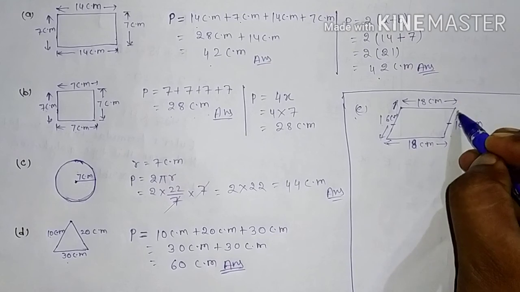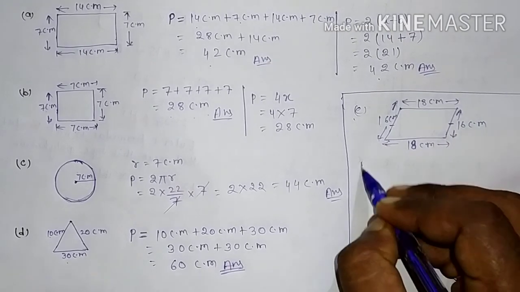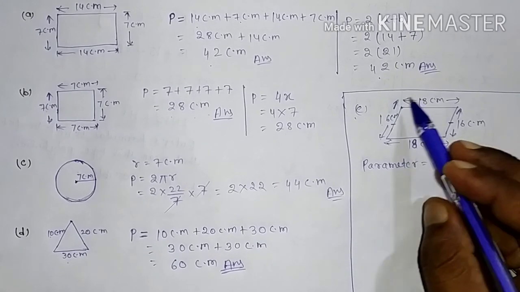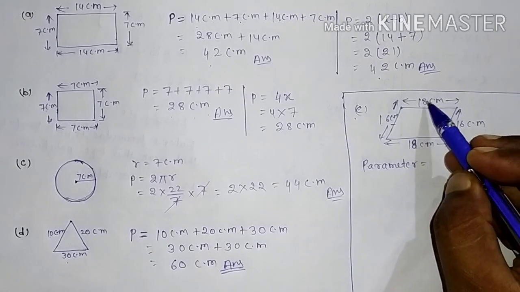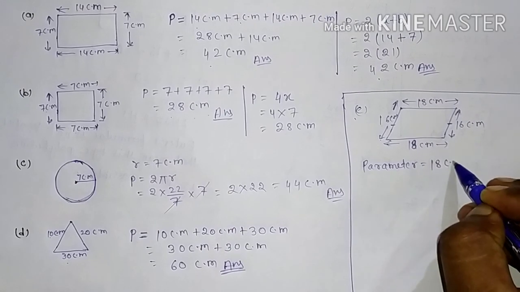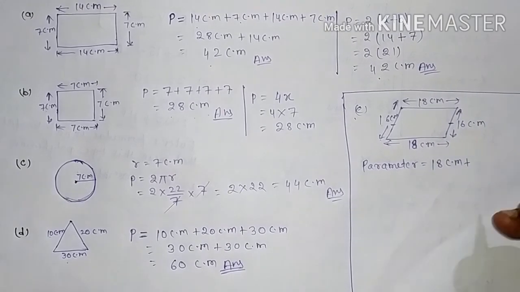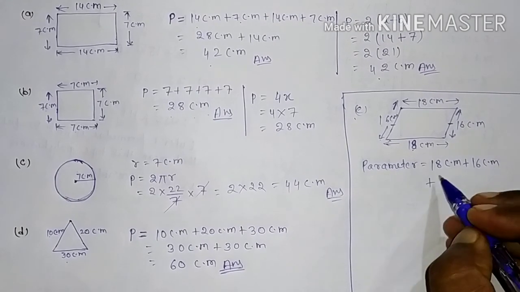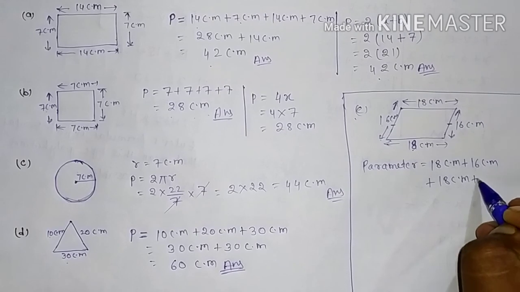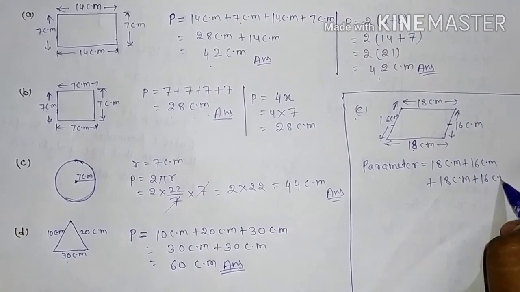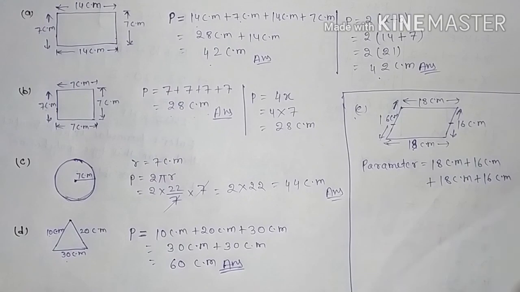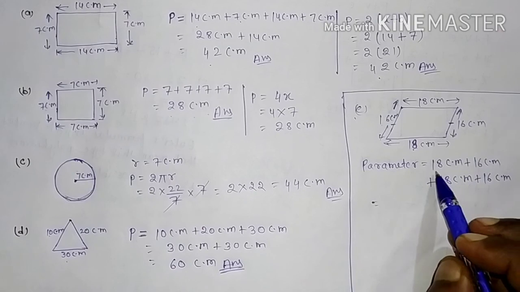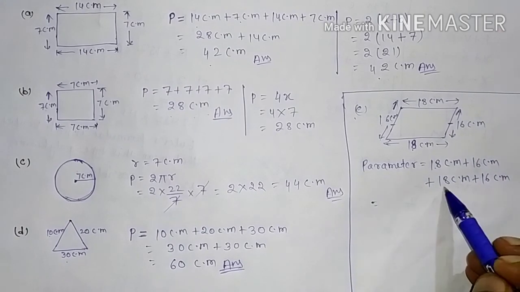Now here we have to find the perimeter. So perimeter equals the sum of all four sides. So this is 18 plus 18 centimeter plus 16 centimeter plus 18 centimeter plus 16 centimeter. Now just simplify it. 18 plus 16 plus 18 plus 16.